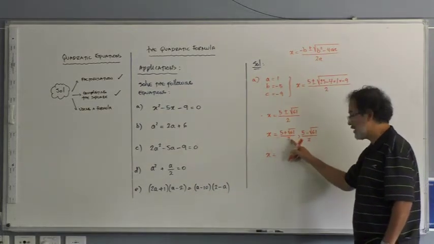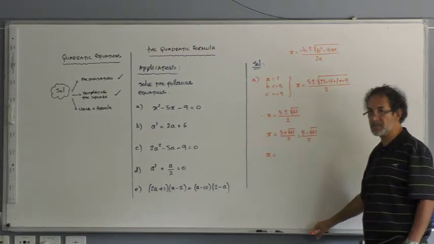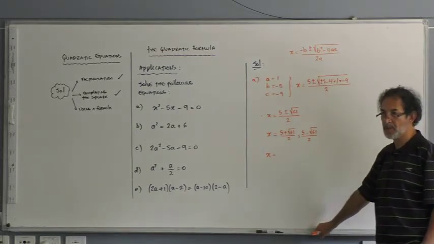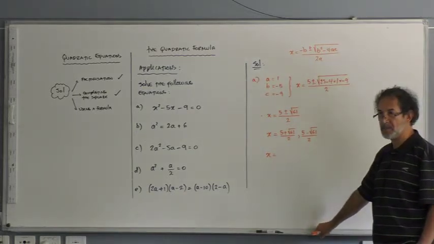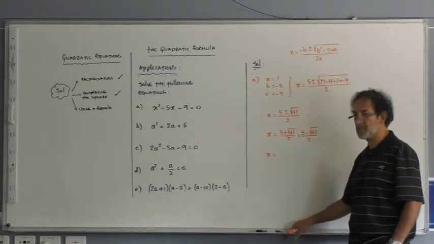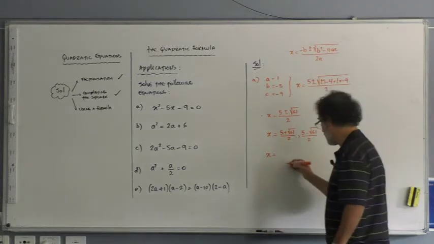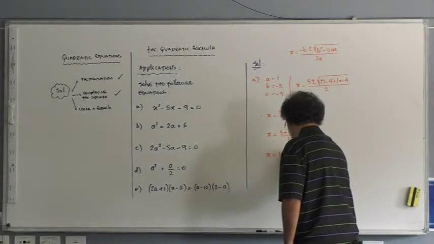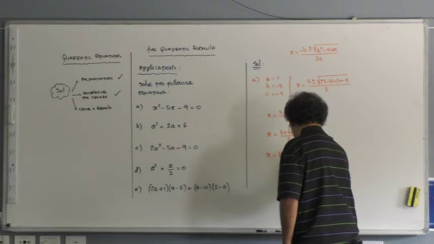And then finally, you're going to find the answer correct to 2 decimal places. Can you please do that? Find the answer for this correct to 2 decimal places. 9.53. And the other one?